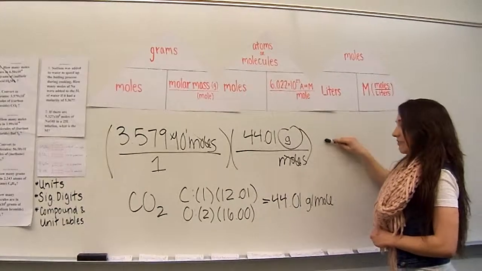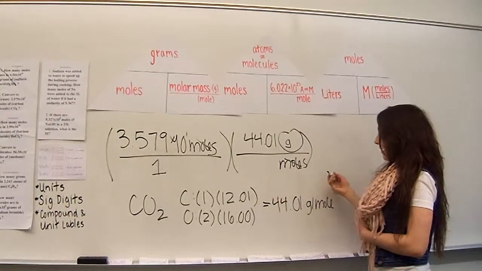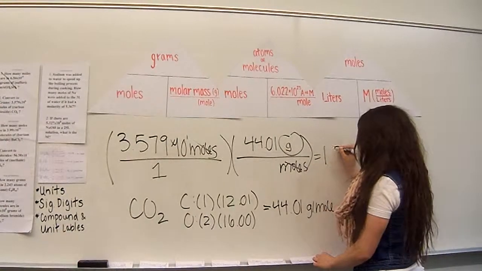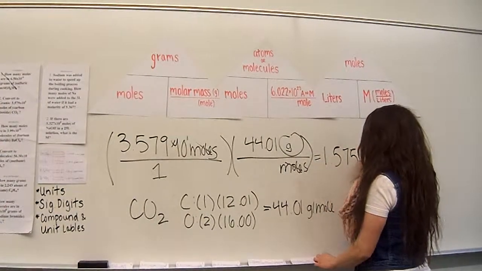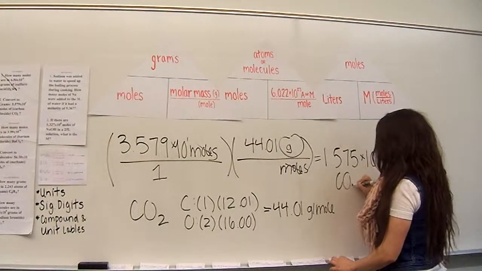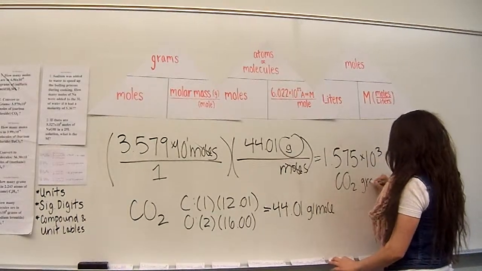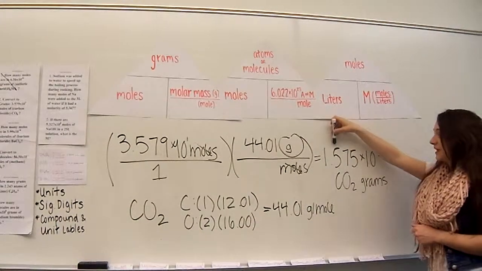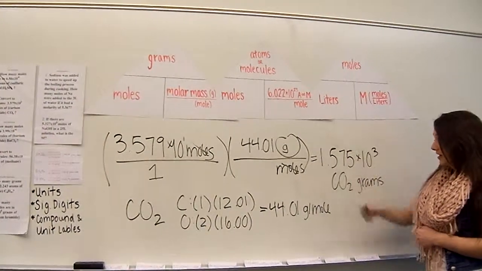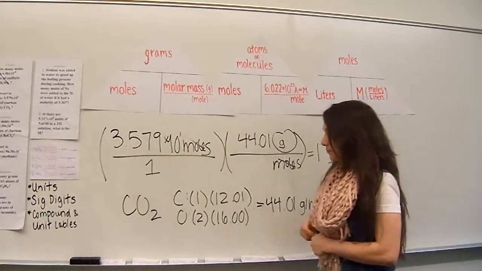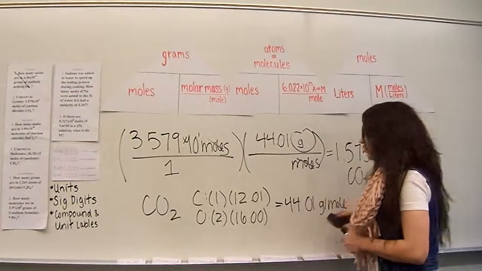Once you multiply everything on the top and divide it by everything on the bottom, you will be given 1.575 times 10 to the third CO2 grams. My answer has 4 significant digits, just like my given. I also have the unit and the compound labeled. We will now move to the third problem.